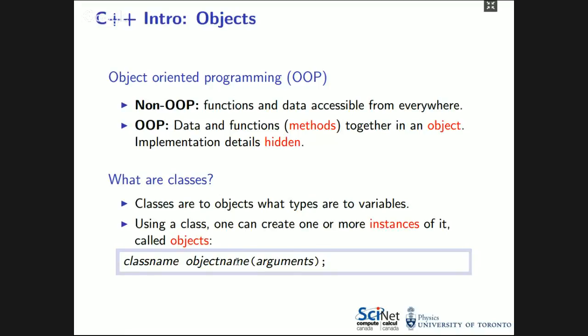That can be enough, but then often there are additional arguments to create this object. Objects are supposed to be more complex than, say, an integer or a float. You could have, in principle, an object that is an array, and then you might want to have as arguments how long that array is supposed to be. So those arguments go into these parentheses. It looks a little like a function call, which is very unfortunate, but that's how it goes.